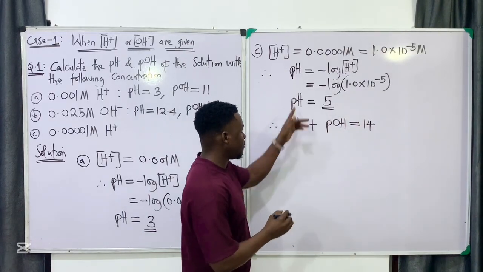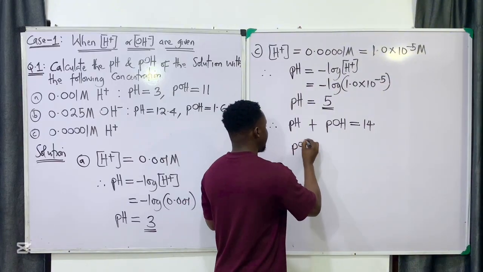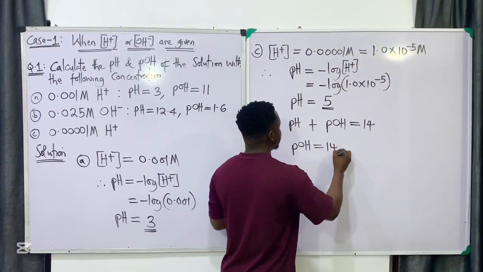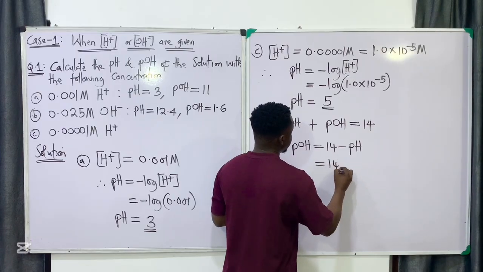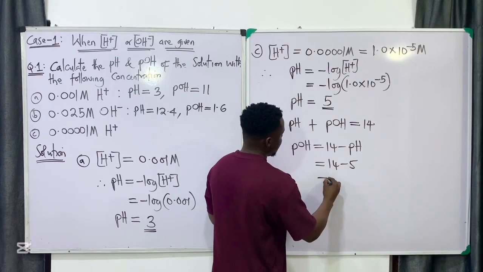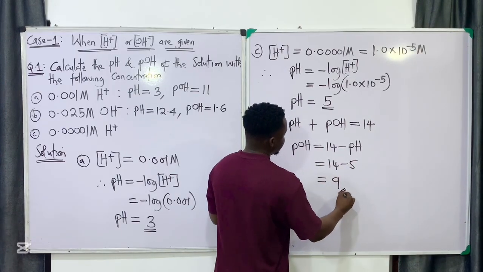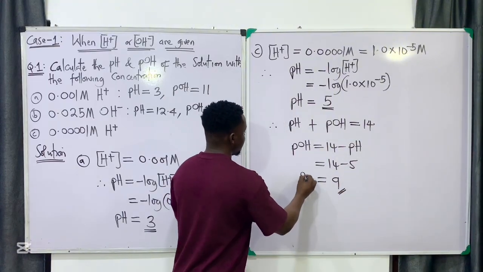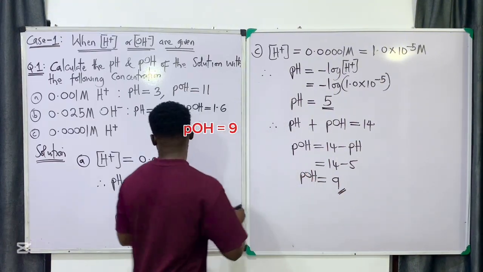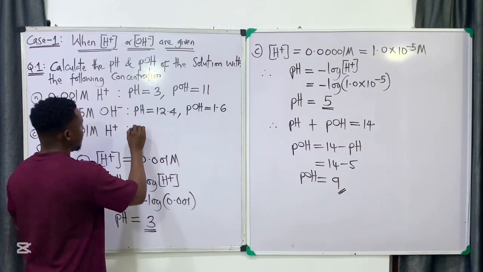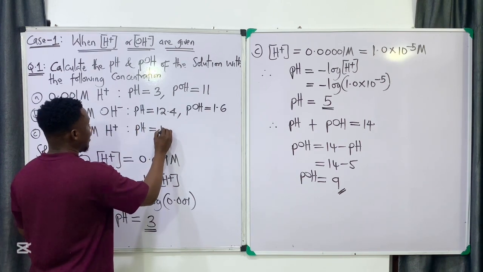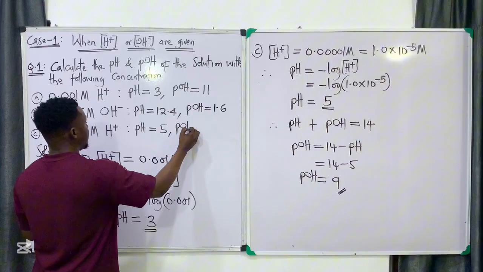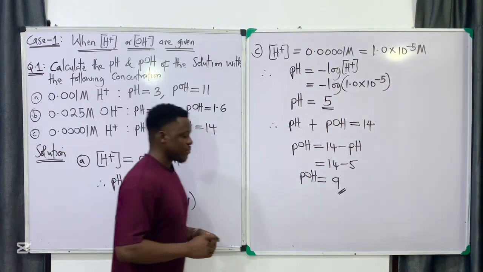We already have pH, so our pOH becomes 14 minus pH. So this is 14 minus 5, and the answer is 9. So we have pH equal to 5, pOH equal to 9.